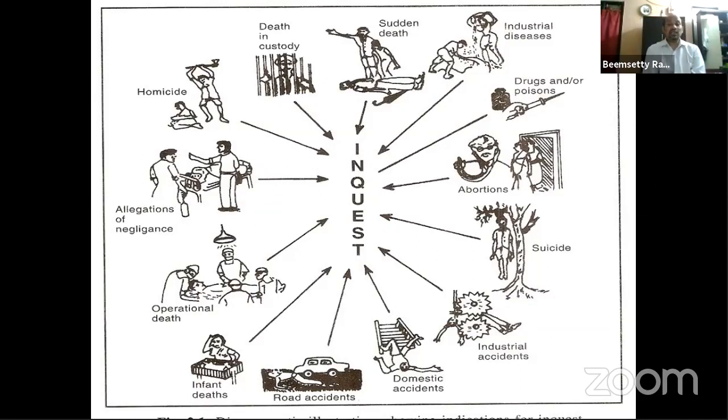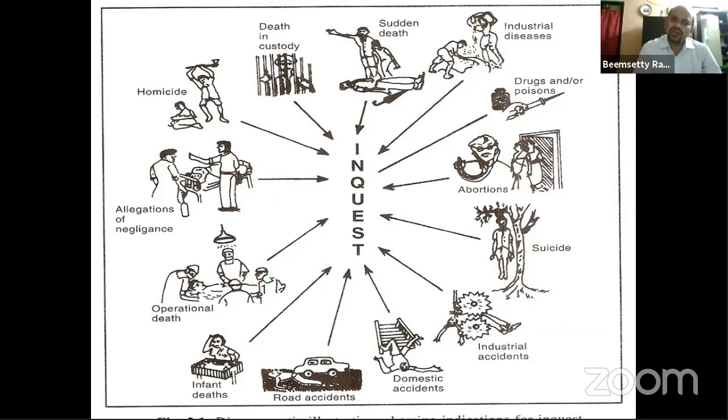Sudden death, industrial diseases, intake of any poisons or drugs, abortions, not all abortions, criminal abortions leading to death, and suicide, industrial accidents and death, domestic accidents and death, road accidents, infant deaths, operational deaths, and allegations of any negligence leading to death of a patient. Next is homicide and death in custody. In all these situations, inquest is held.